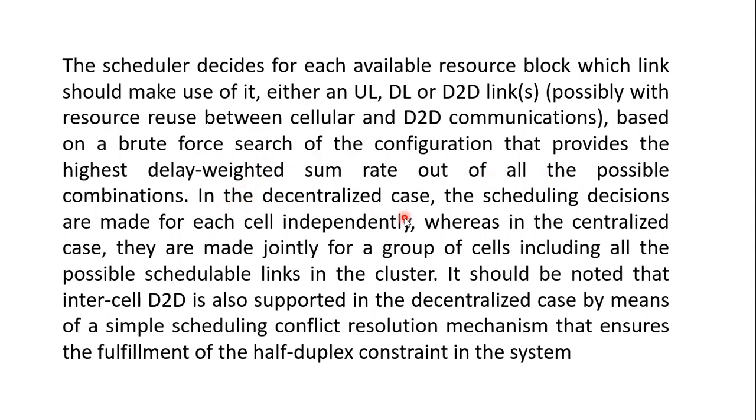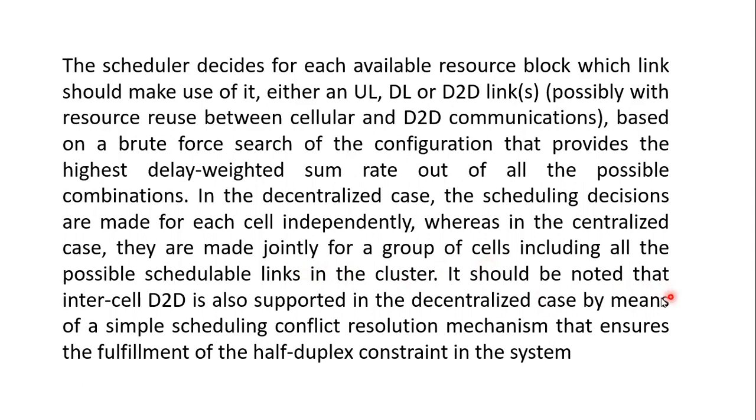In the decentralized case, the scheduling decisions are made for each cell independently, whereas in the centralized case, they are made jointly for a group of cells, including all the possible schedulable links in the cluster.